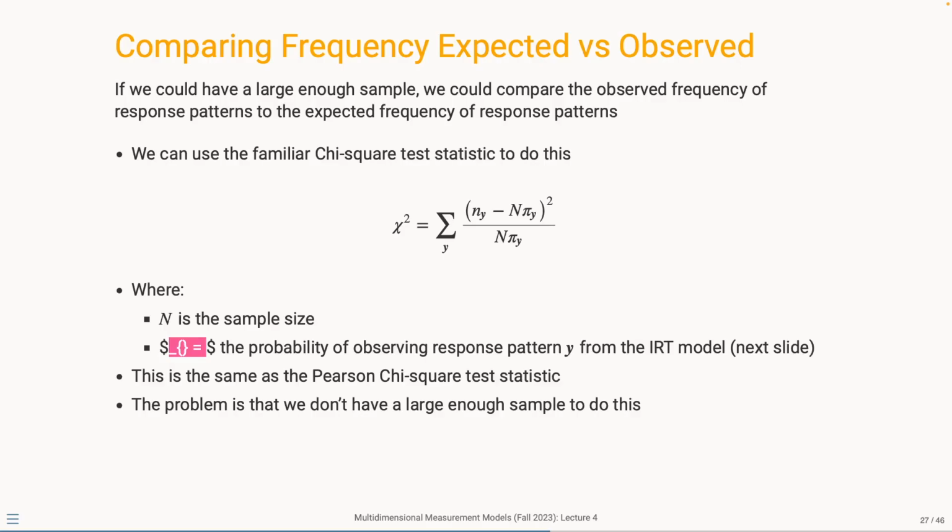But yeah, it turns out when you have 0 cells, another term for that is what we call a sparse matrix, where it's a bunch of zeros, the behavior of the chi-square gets crazy in that it no longer achieves what it is supposed to do.